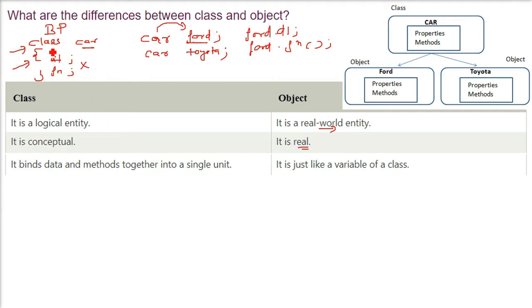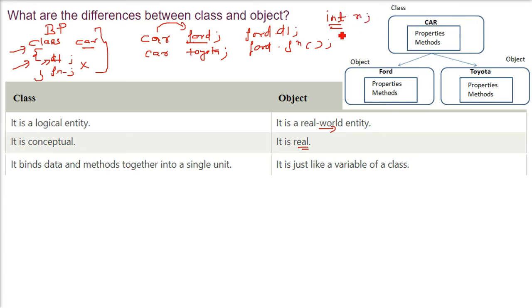In a class, if you see here, we have data, we have functions which are operating on this data. So class is binding the data and methods together in a single unit. So this is a good way of understanding encapsulation, and a good way of understanding abstraction also. But an object is just like a variable, like int x, integer x, this is the variable you make normally.